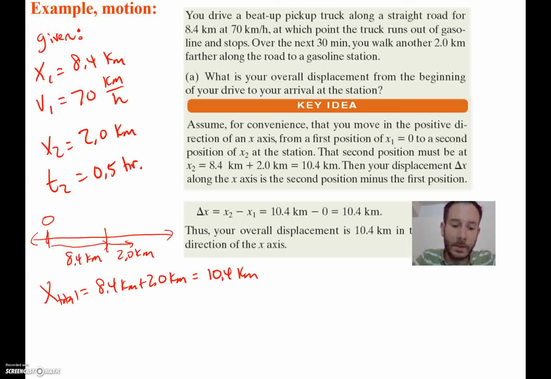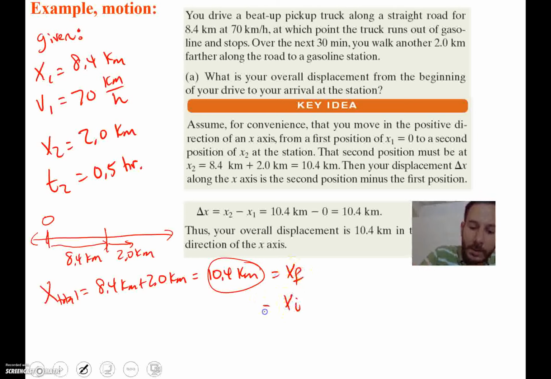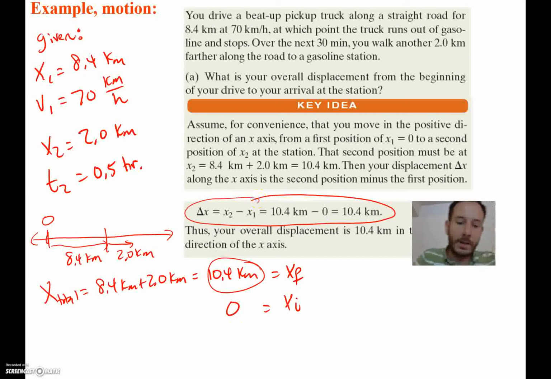So that's our change in displacement. Now really, this is our final position. And our initial position, so we can call this our x final, our initial position is 0, right? So if you wanted to follow this equation here, all it's saying is its change in x, or the change in displacement, is x2 minus x1, which is 10.4 kilometers minus 0.